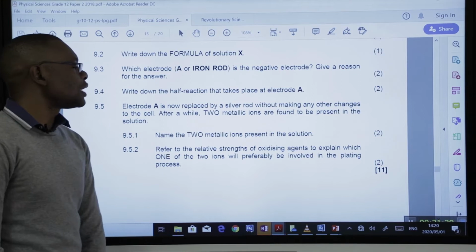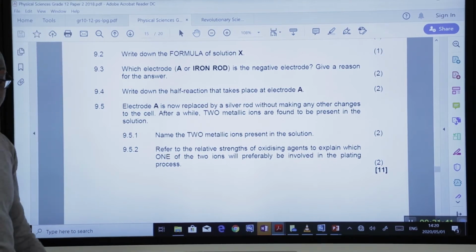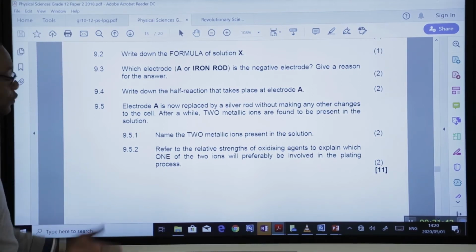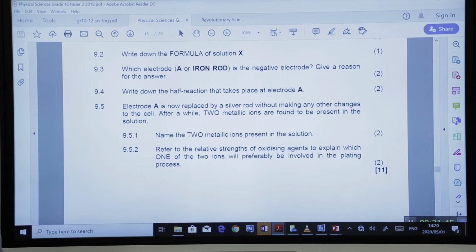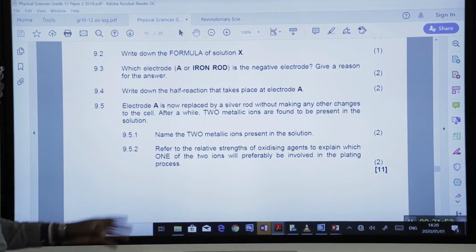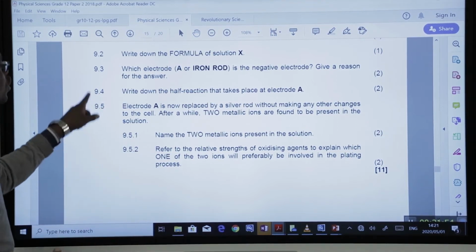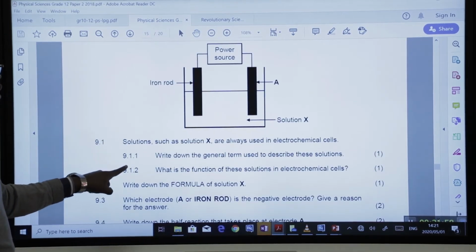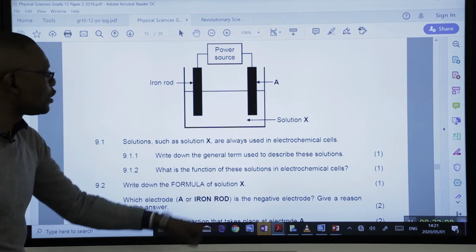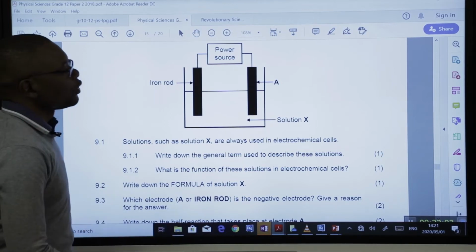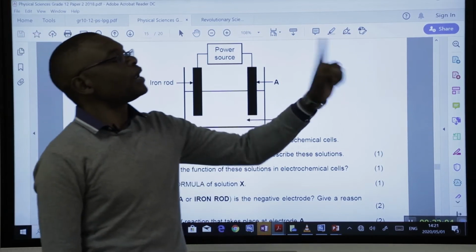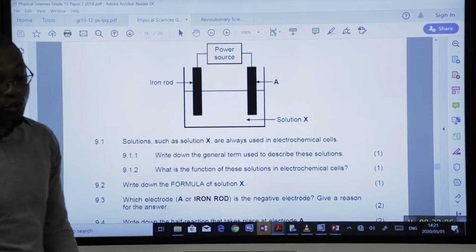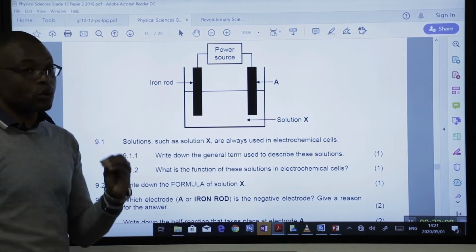Name the 2 metallic ions present in the solution. Boys and girls, is this going to give you any problems? Because initially, when we answered the question to write down the formula of solution X, we agreed that it is copper nitrate, meaning that in solution we have copper 2+ ions.